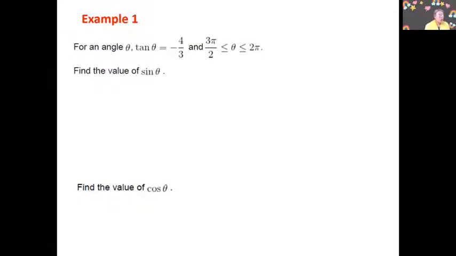We don't even know what exact angle, but somehow this is enough information for us to figure out all the other 6 trig ratios. It seems like it, right?